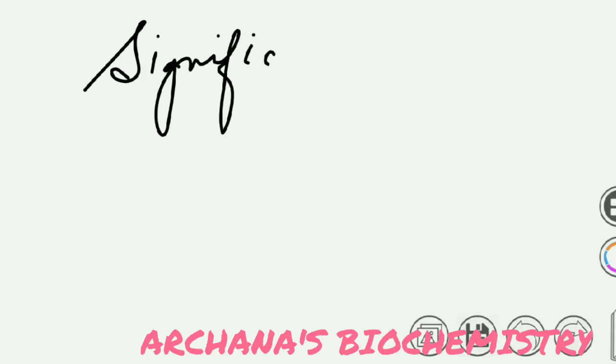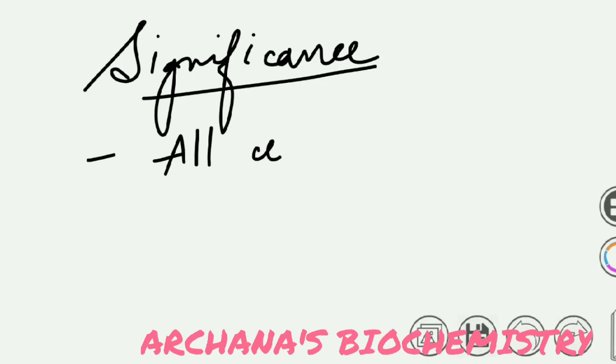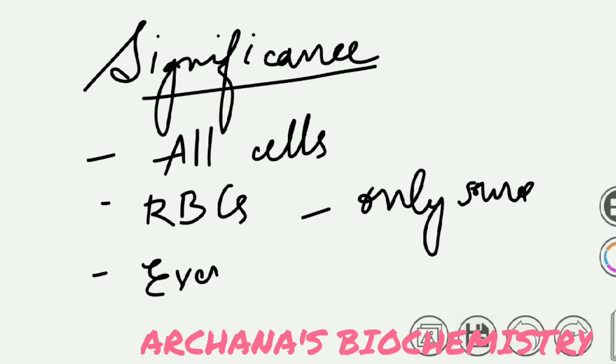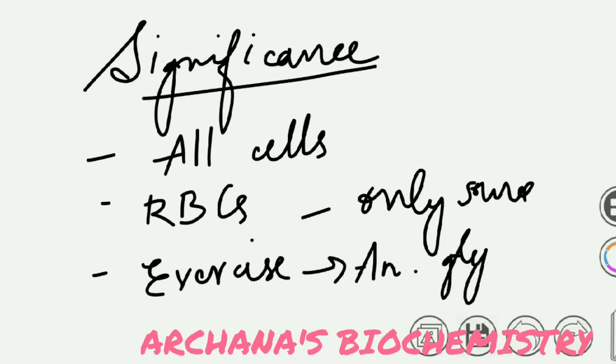Okay, now let's see the significance of glycolysis. So this pathway takes place in almost all the cells. For RBCs, this is the only source. So during exercise, anaerobic glycolysis will be the source of energy.